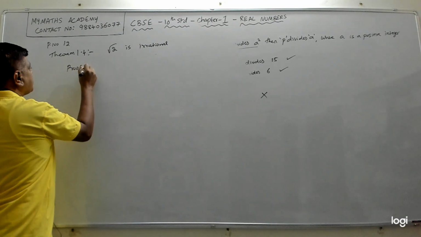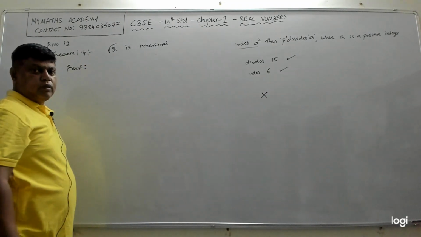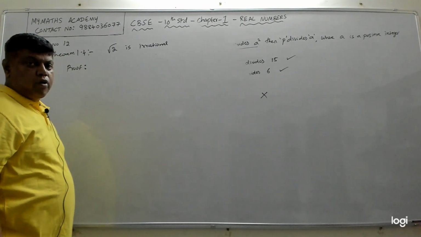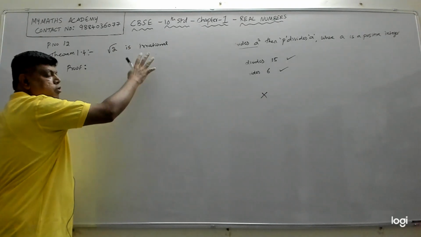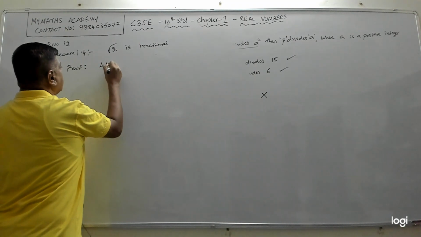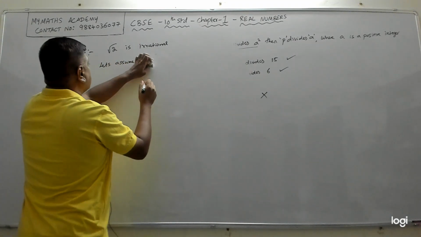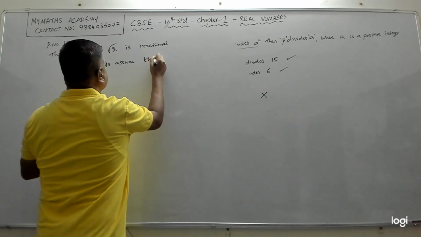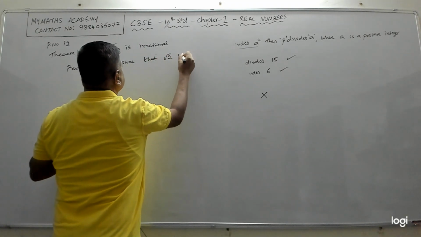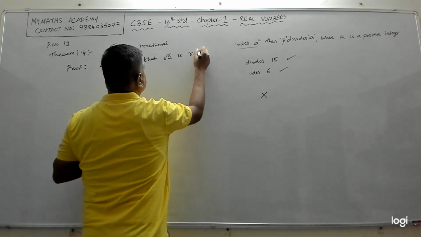Whenever you want to prove by the method of contradiction, we have to assume that this statement is not true. Suppose, let's assume that root 2 is not an irrational number, which means root 2 is rational.